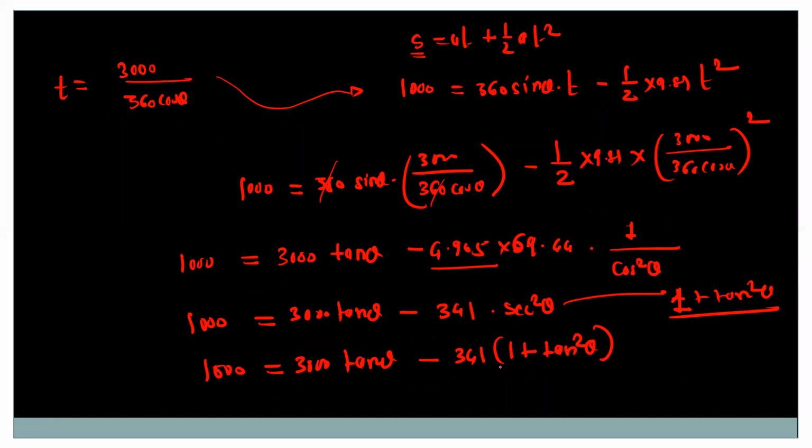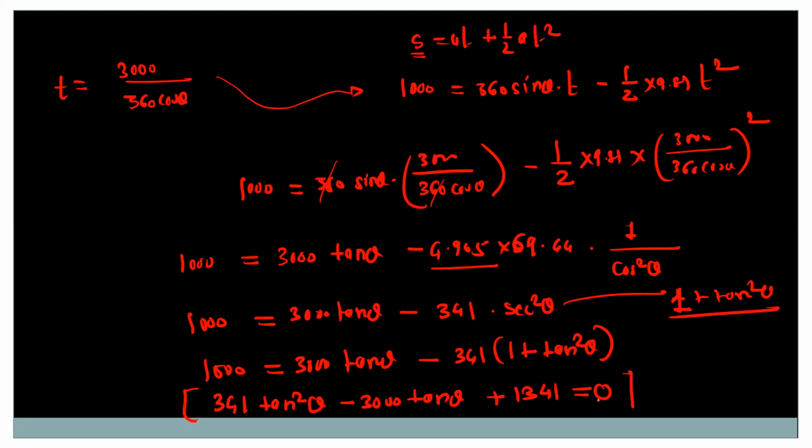So simplify this equation. Finally, you will get the equation 341 tan square theta minus 3000 tan theta plus 1341 is equal to 0.